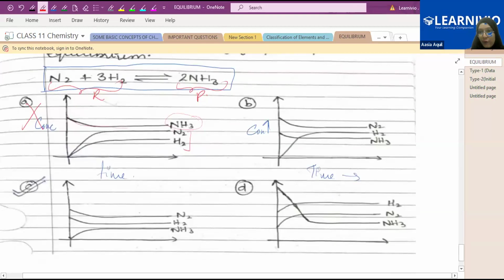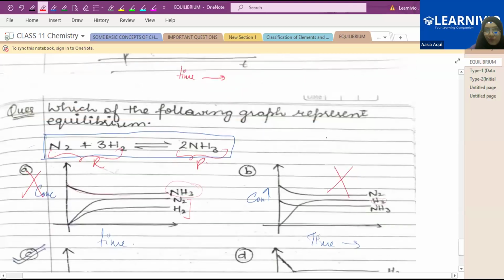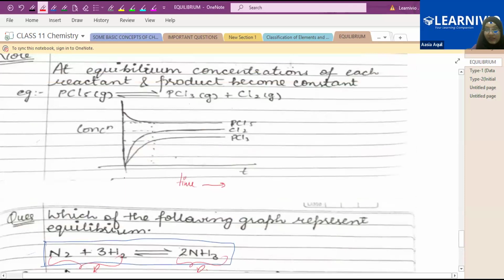Now see the B graph. For N2 only, the concentration is decreasing. But for H2, it's increasing, which is wrong, right? So this is again a wrong graph. Now see the ideal graph, as I told you, this one is the ideal graph. For the reactant, what is the reactant over here? PCl5.